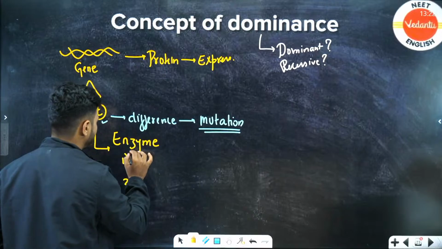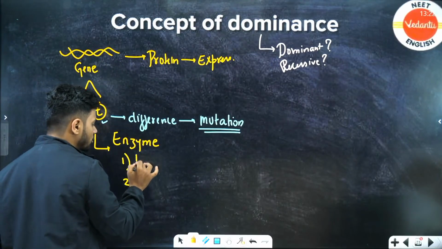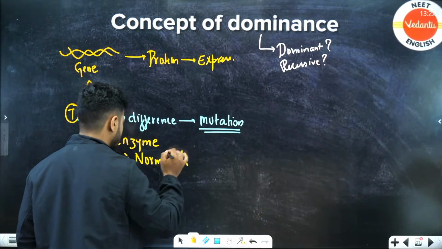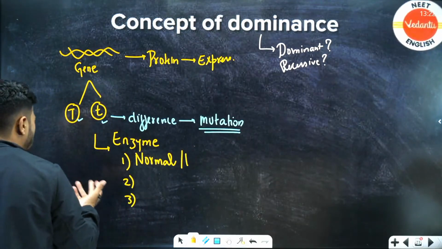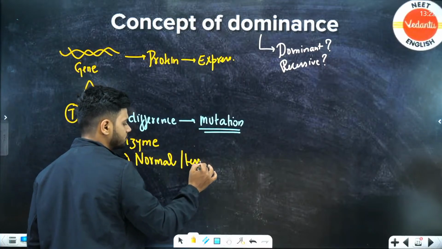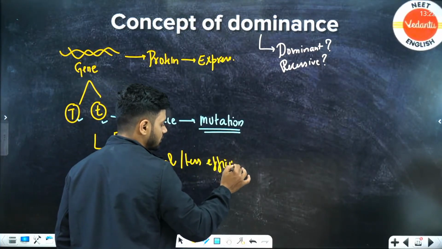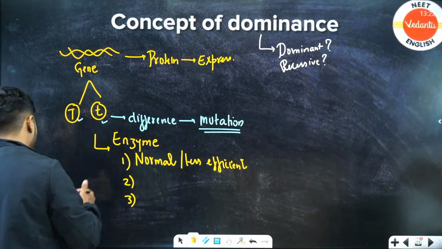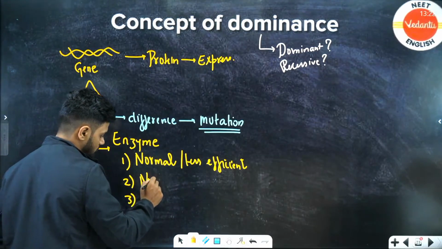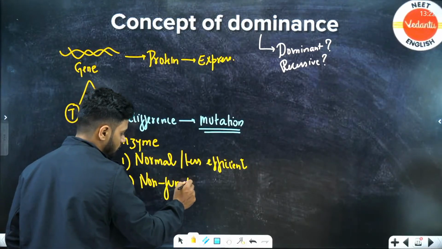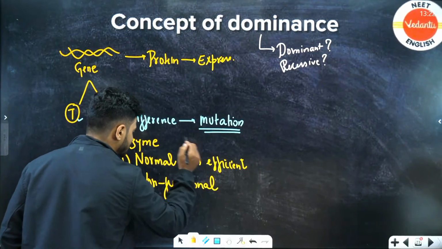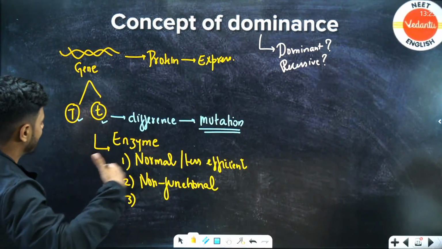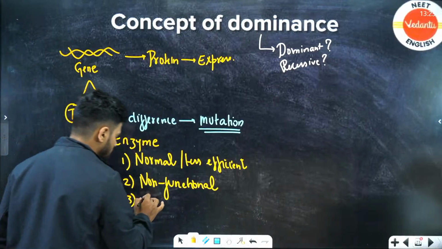The first type, it could be a normal enzyme, or sometimes normal but less efficient. Other enzyme can be non-functional, or sometimes there can be no enzyme at all, like the enzyme is completely absent.